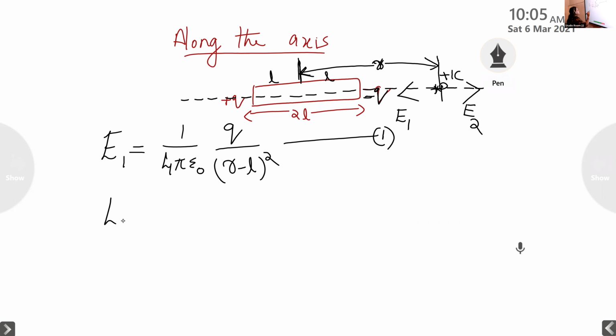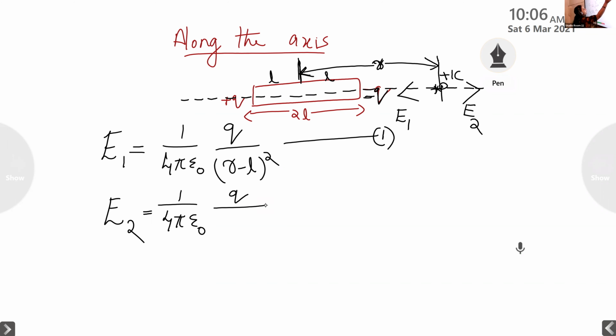Now, the force experienced between the charge plus Q and the plus 1 coulomb charge is given by E2 is equal to 1 by 4 pi epsilon 0 Q divided by, what is the distance of separation between the charges? R plus L. Yes.